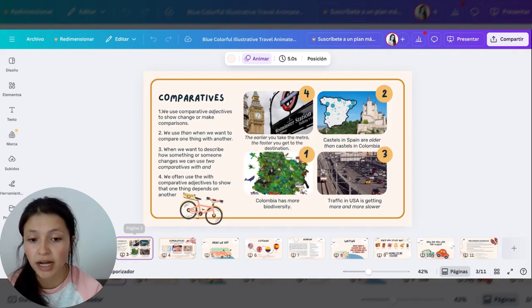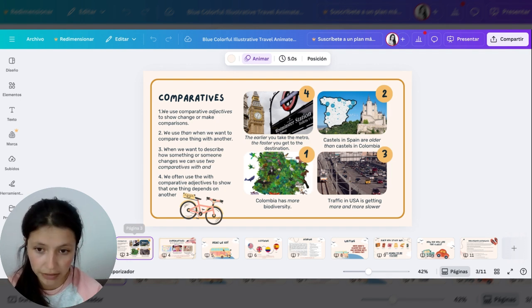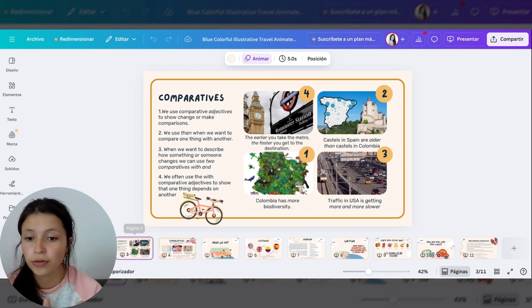That's going to be: Colombia has more biodiversity. Then we use than when we want to compare one thing with another. The second one will be: castles in Spain are older than castles in Colombia. Then the third one, we want to describe how something or someone changes. We can use two comparatives with and.